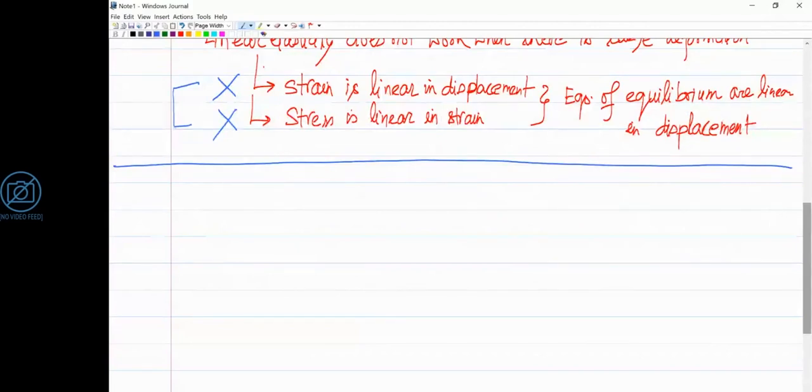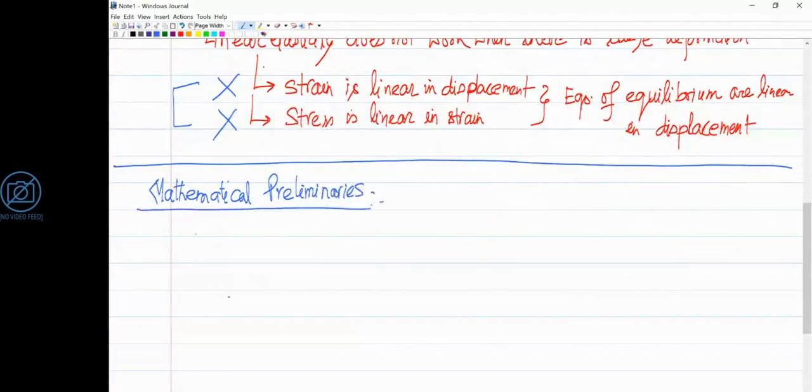Whenever you do any advanced courses, that's the first topic that we learn: the mathematical preliminaries, to get you acquainted with the language of the course. And some of you may have seen it already. So the first thing is we are going to learn about what's called summation convention.